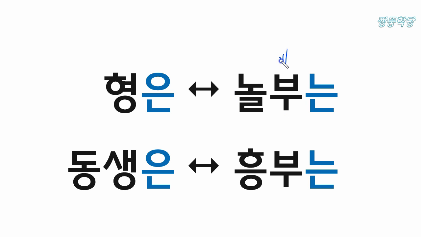Just like 부, this letter, if there isn't any other consonant at the bottom side, then we use 는 instead of 은.